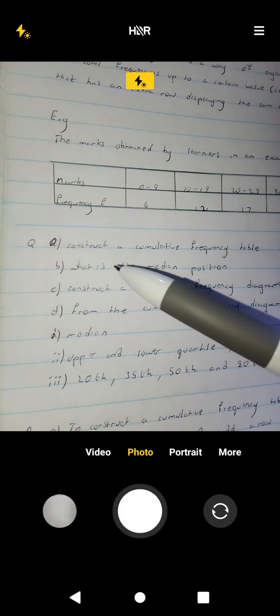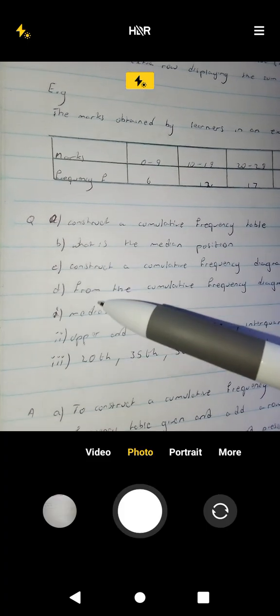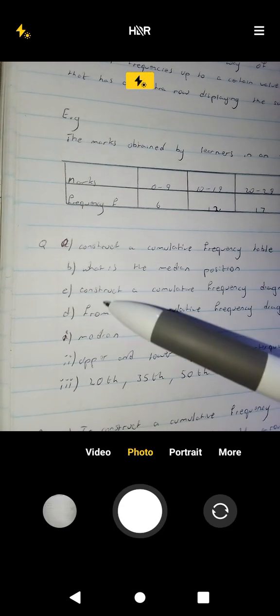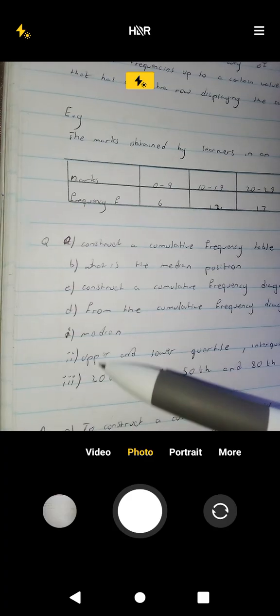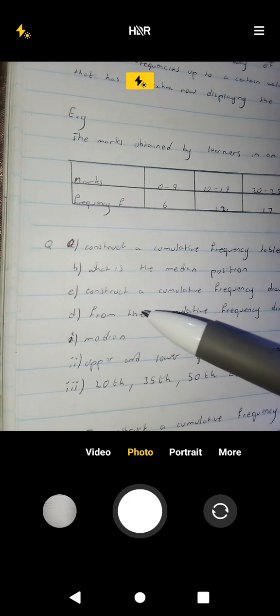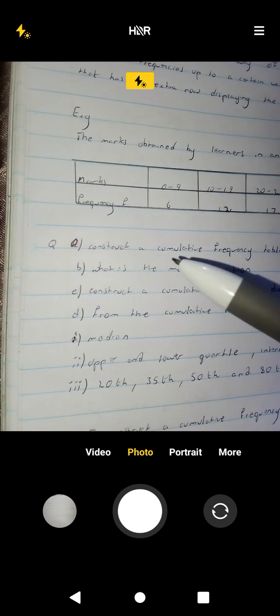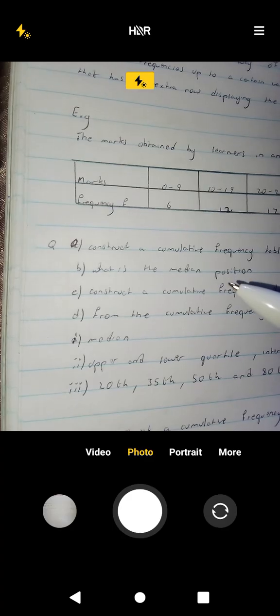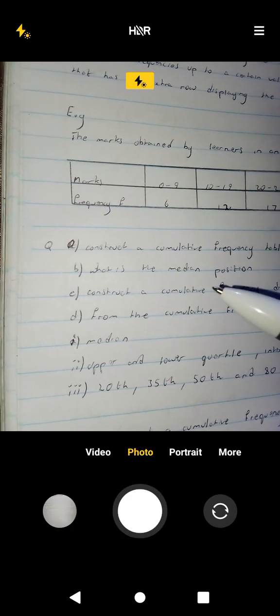So we shall deal with all of these questions, which are our way to cover the entire topic of cumulative frequency tables, diagrams, and medians and quartiles.